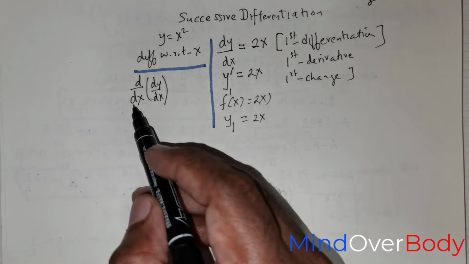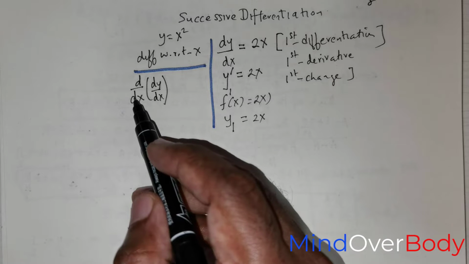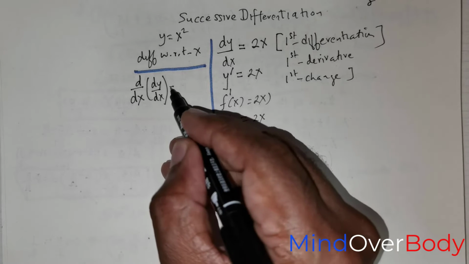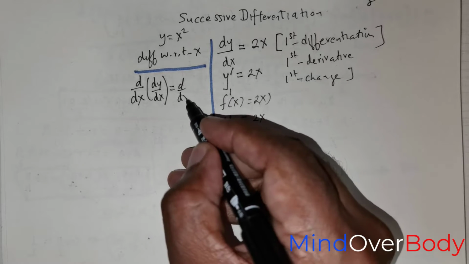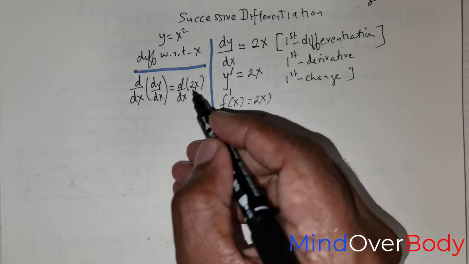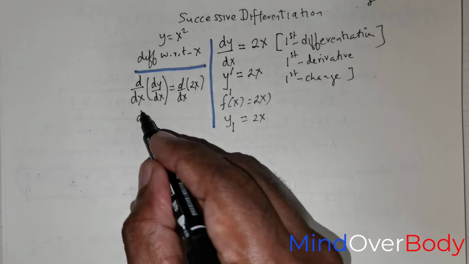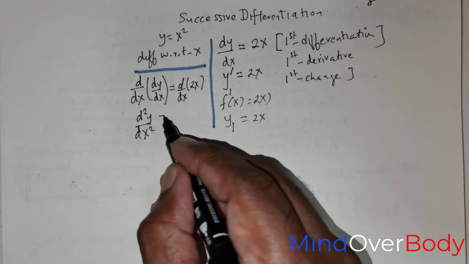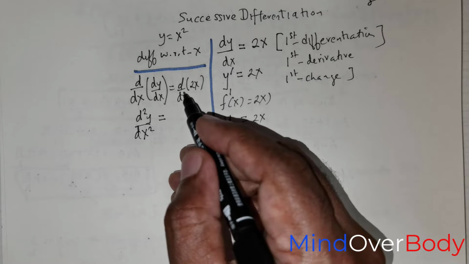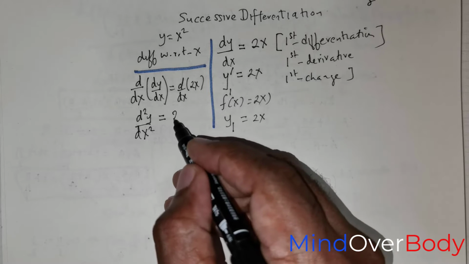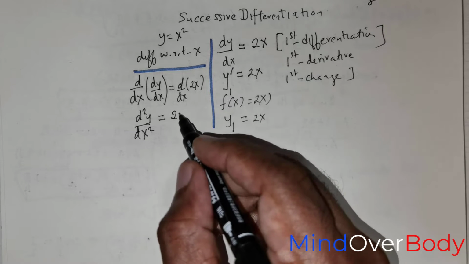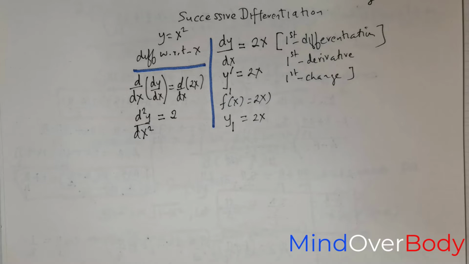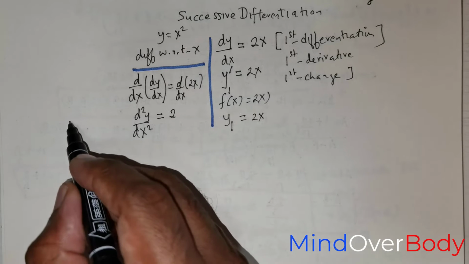Now d over dx is a differential operator. The meaning is this operator is operating on the left hand side as well as on the right hand side. So when it operates on the left hand side, we would get d squared y over dx squared, and on the right hand side, differentiation of 2x would give me 2 times the differential of x, which is 1, so that's simply going to be 2. So this is the second differentiation.